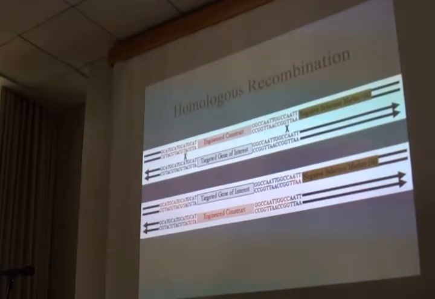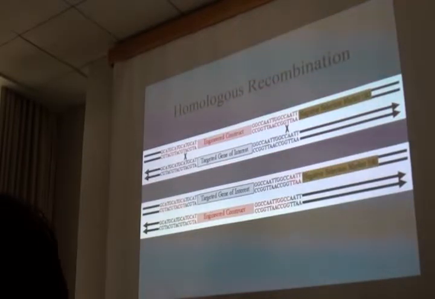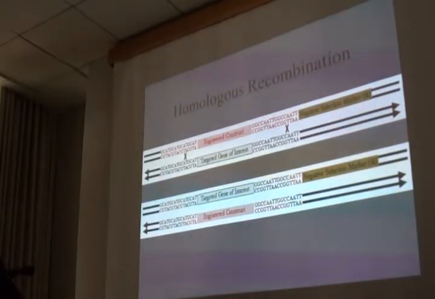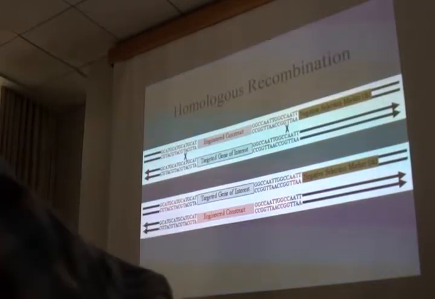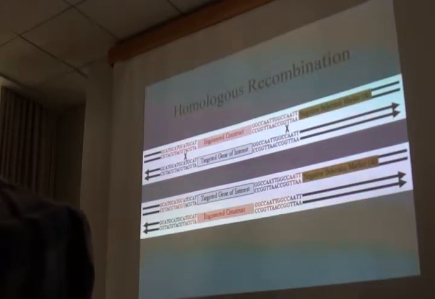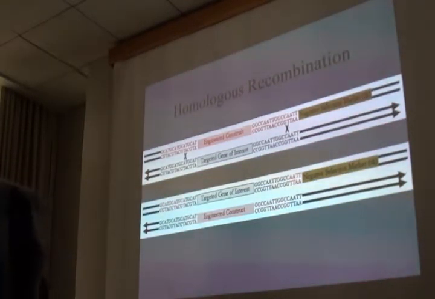One's in your engineered construct, like a puromycin or something like that, so you can only select cells that have your insert. But you can also get random insertions where it's not homologous recombination.